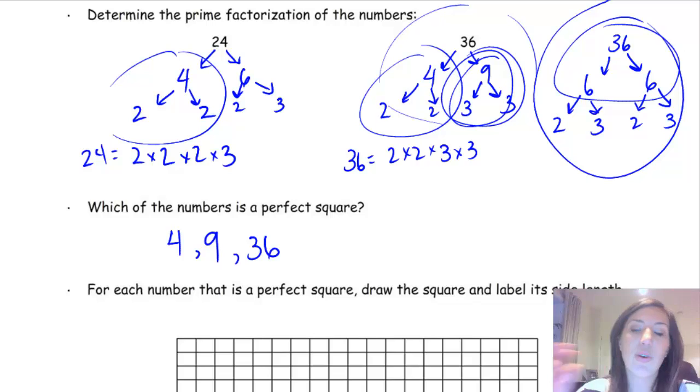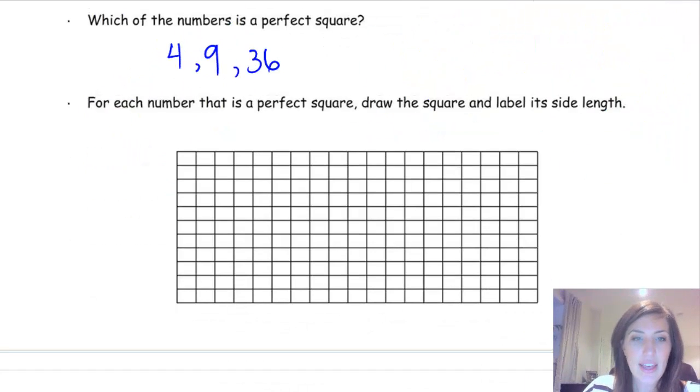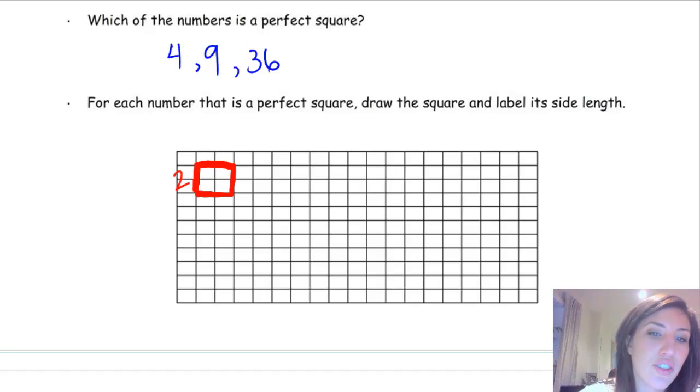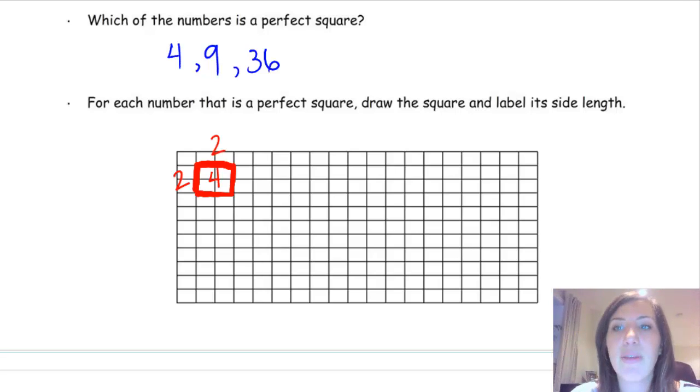So if we were to draw these perfect squares on this grid, then I'm going to use just a different color here. Then we could say that 2 times 2 gives us 4. So if I make that a little thinner, this is 2 blocks up and down, this is 2 blocks sideways, and so this gives us 4 blocks in the middle. What about with our 9?